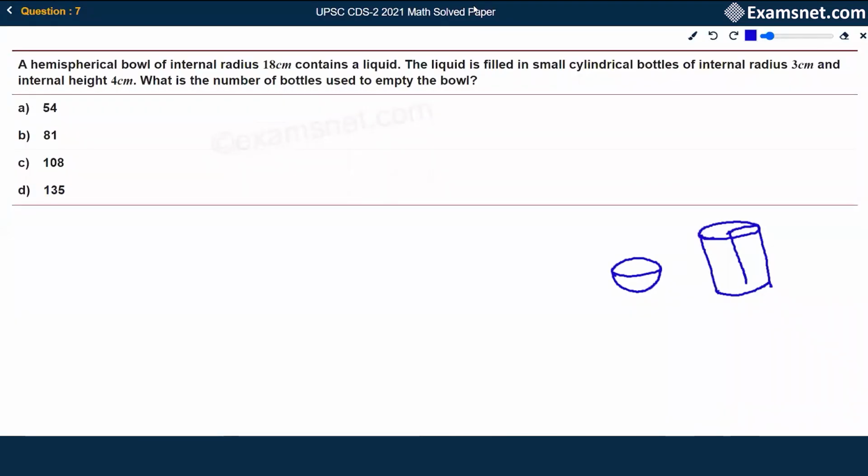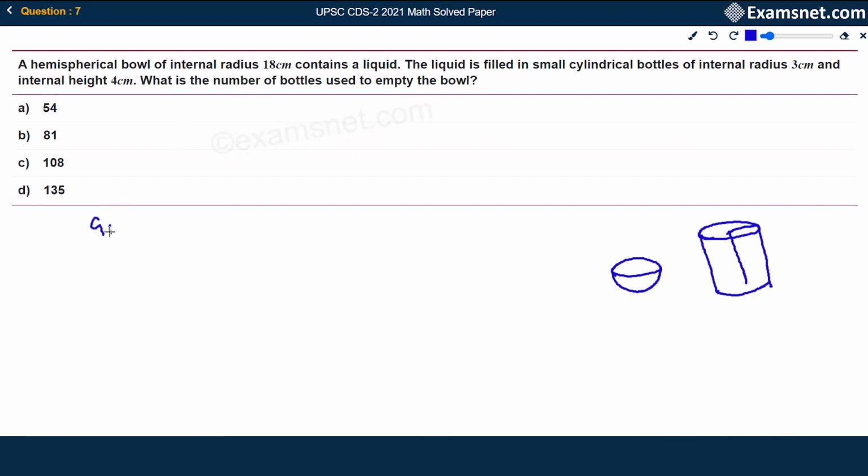In question number 7, it is given that a hemispherical bowl of internal radius 18 centimeter contains a liquid. The liquid is filled in small cylindrical bottles of internal radius 3 centimeter and internal height 4 centimeter. What is the number of bottles used to empty the bowl?